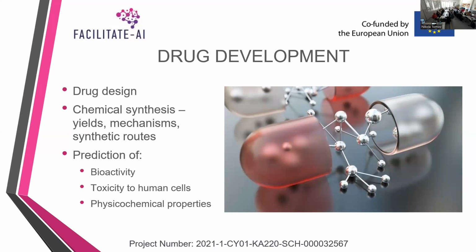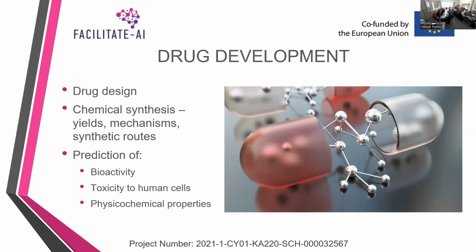Of course, it can also be useful for chemical synthesis. Artificial intelligence can predict the yields, or how much product you're going to get in a certain chemical reaction, which has quite a lot to do with financing the production of different drugs. Artificial intelligence can also tell you quite a lot about the mechanisms of reaction, the synthetic routes, and so on.